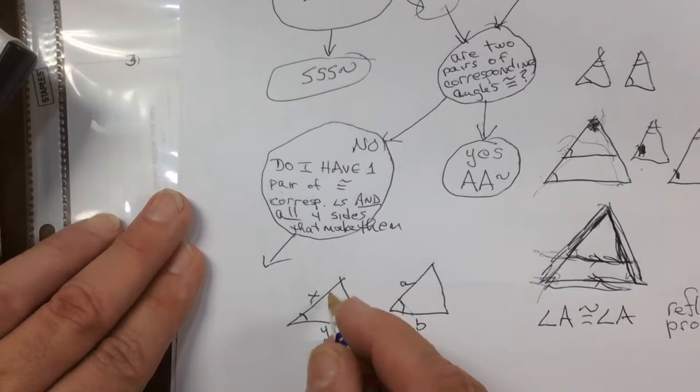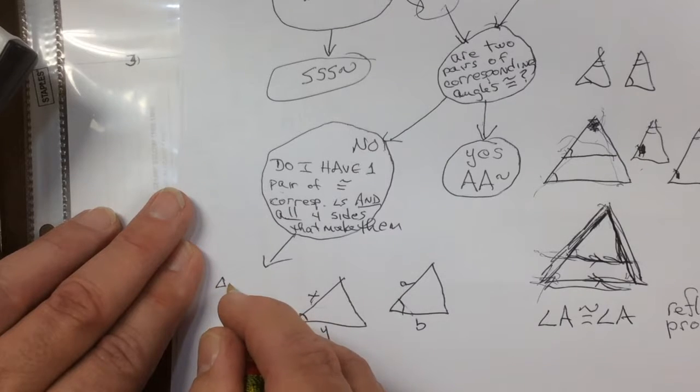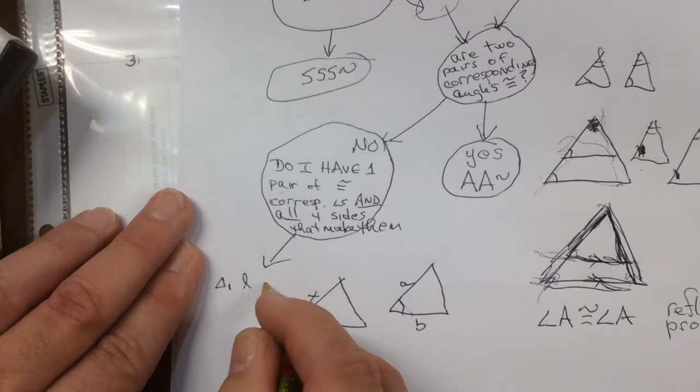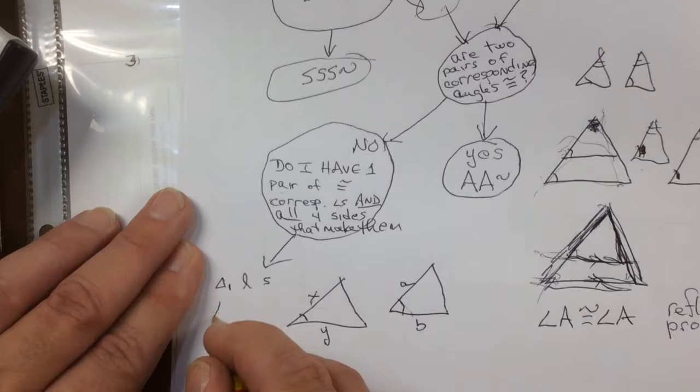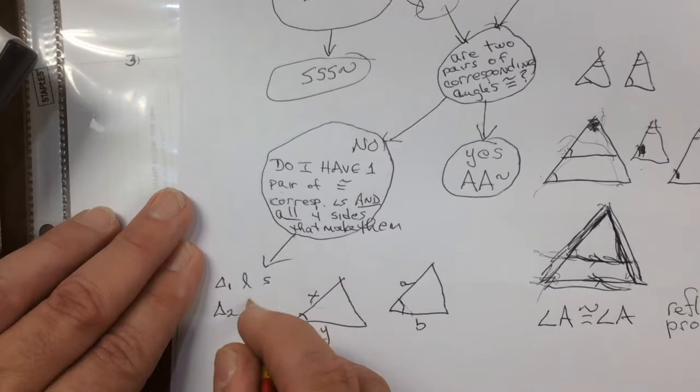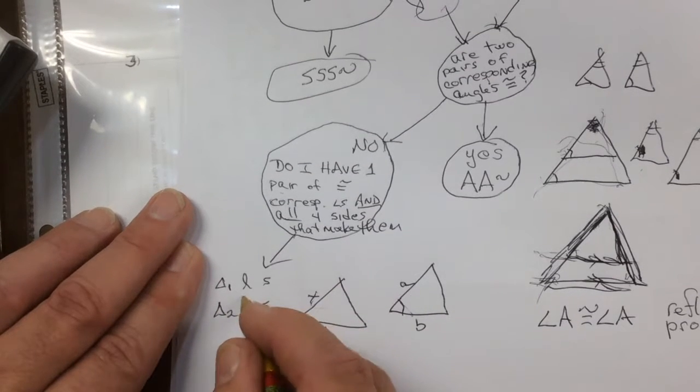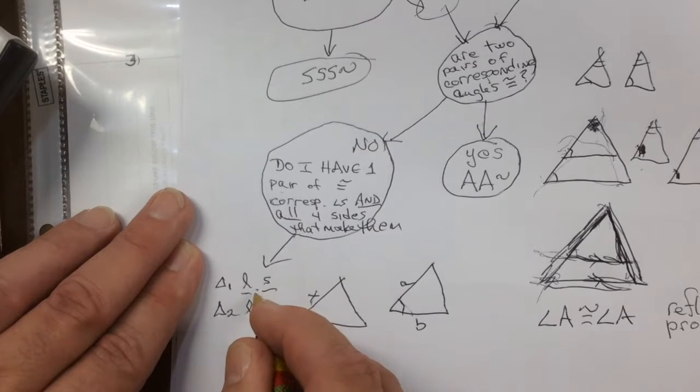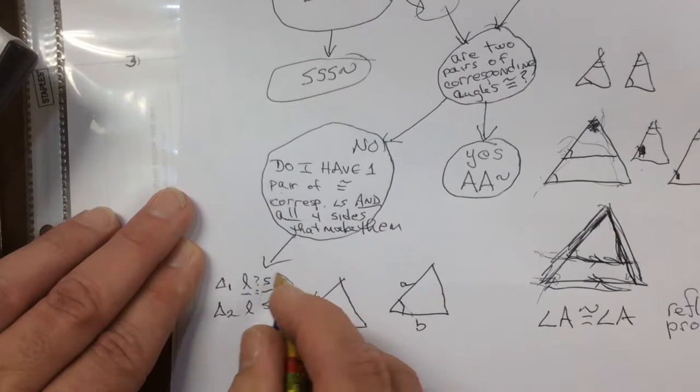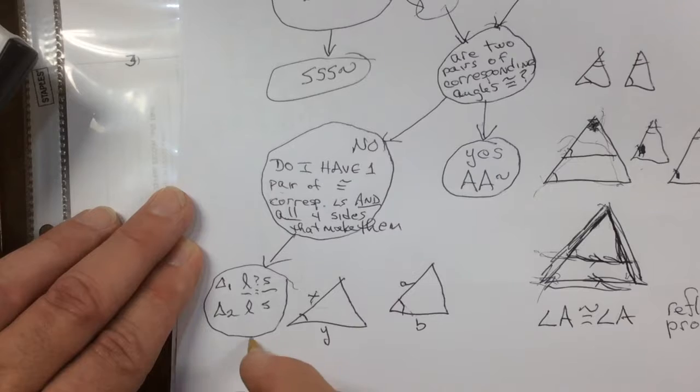And the way you do it is by taking from triangle 1 the large number and the small number, and from triangle 2 the large number and the small number, making a ratio out of them and seeing if they're equal. And if they are, then you have side-angle-side similarity.